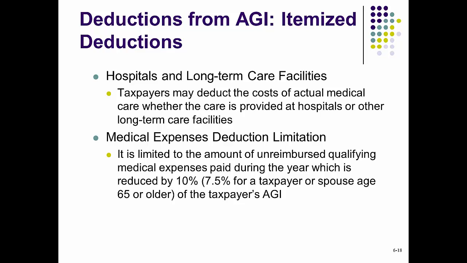This is what we call the floor limitation. If the amount of medical expense is less than the floor limitation, it is not deductible. High AGI taxpayers rarely benefit from the medical expense deduction because of the floor limitation. Please reference example 6-13 on page 6-16.